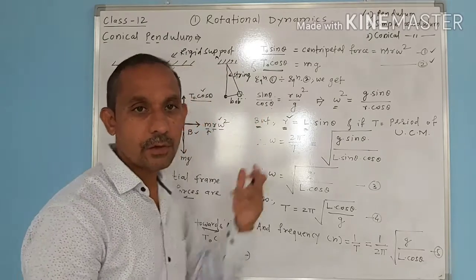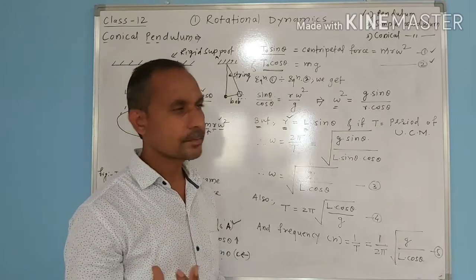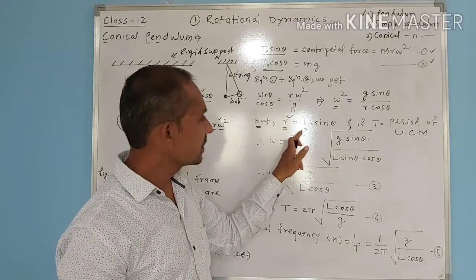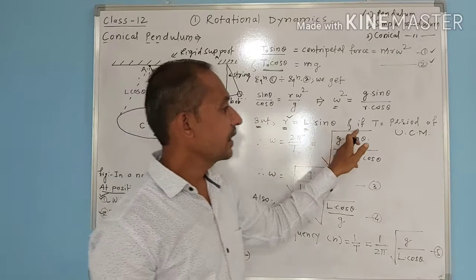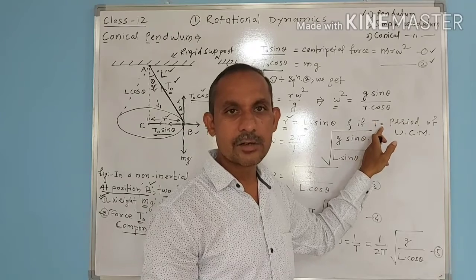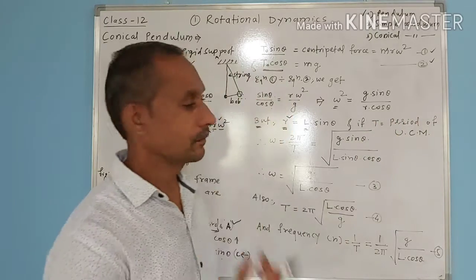Suppose the periodic time for one revolution is T, indicated by T. So r is the radius and r has the value L sin theta, and capital T is the period of uniform circular motion of the bob.